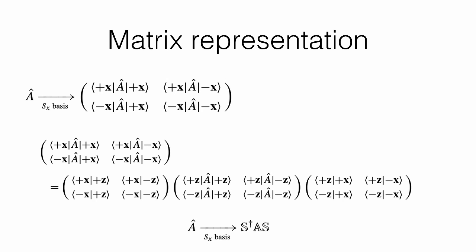What we've done is to find that the A representation in the X basis is obtained by S dagger A S, where S dagger and S are obtained the same way as we've done before, and A is simply the representation in the Sz basis of the operator A. So I'd like to tell you that really the S dagger and S are the representation of R dagger and the representation of R, which allows us to write it in a very simplified way.